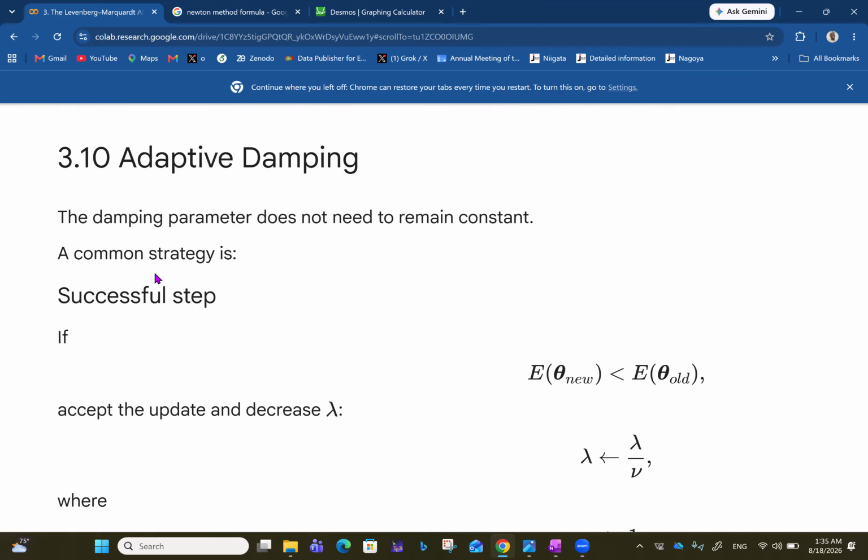So a common strategy for a successful step: if the E of new theta is less than the E of old theta, then we accept the update and decrease the lambda. That is, if the error with the new value is less than the error with the old value, you accept the update and you decrease your lambda. So lambda over nu now takes the place of lambda.